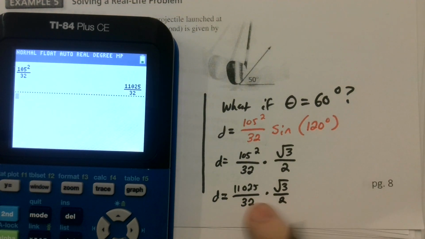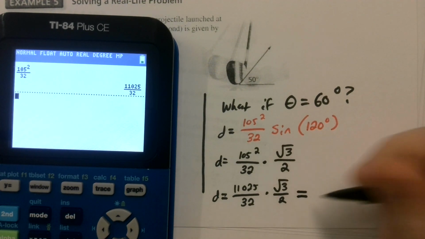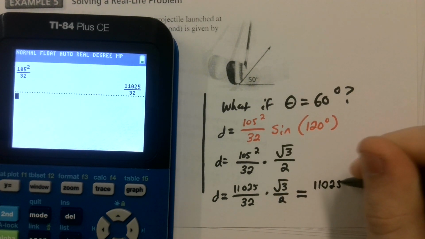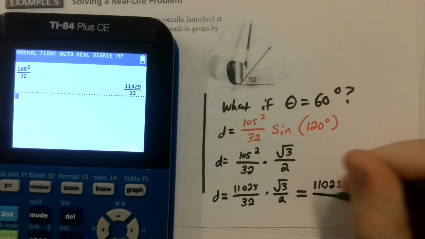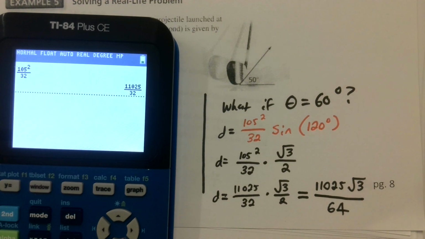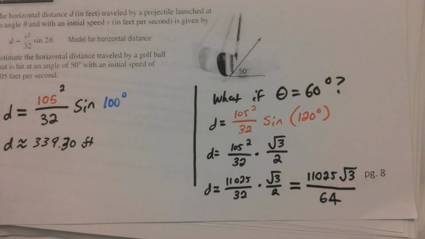We can then combine these two fractions to get an exact distance answer with no decimals needed. It's 11,025 root 3 over 64. That's how many feet it travels. And just to check to see if 11,025 over 64 simplifies, it doesn't. So this is our final answer. How vastly different these approaches are.